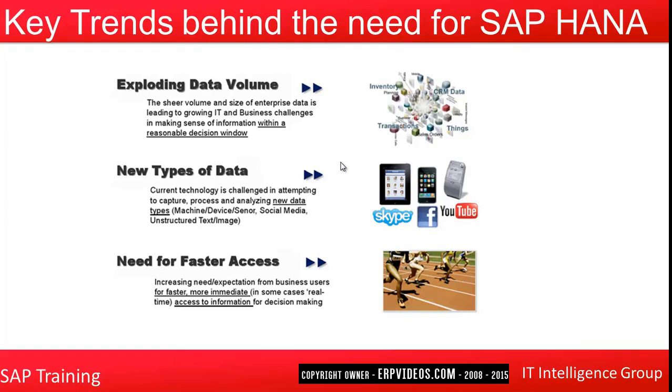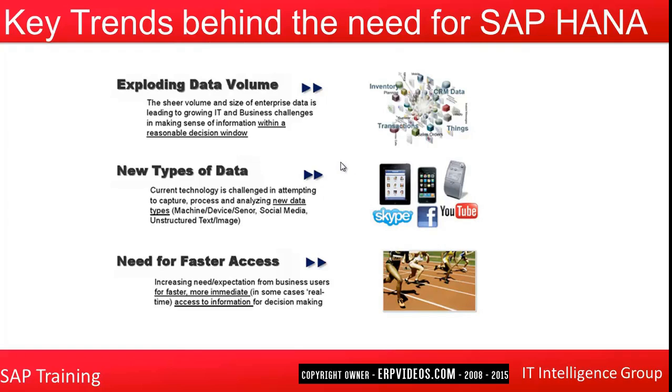Okay, so the sheer volume and size of enterprise data is leading to growing IT and business challenges in making sense of information. And as the data grows, it becomes difficult to process that in the available memory. So we find the bottlenecks in the disks at that point of time, that we have such huge terabytes of data in our database, and the disks are not fast enough, basically the disks are not as fast as the memory.